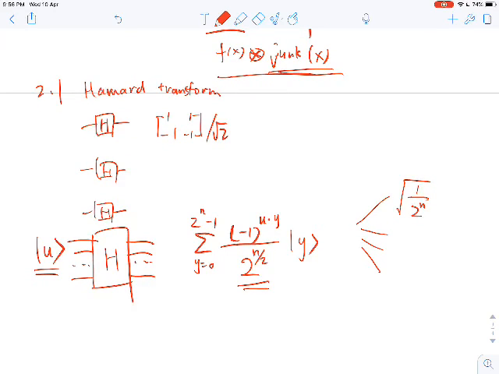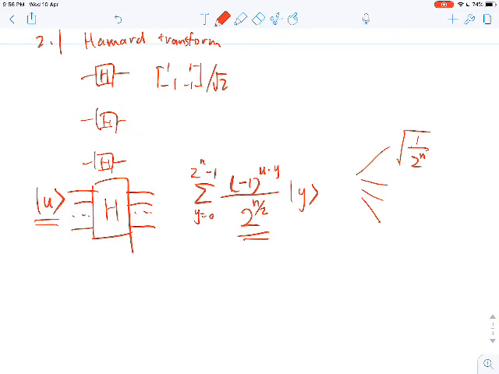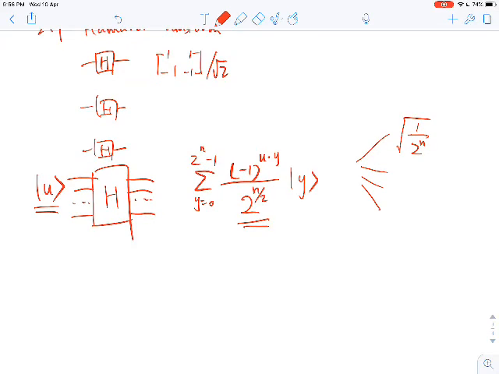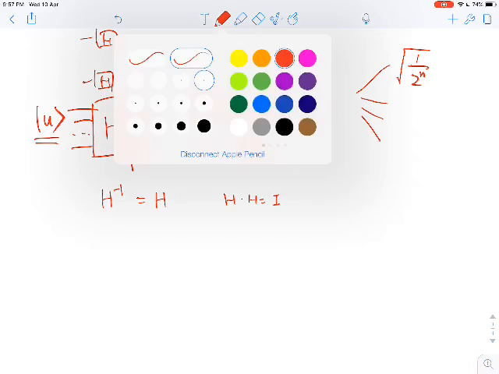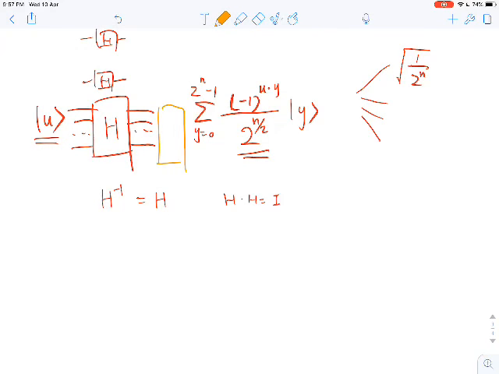And also, as I have said, every quantum gate is a unitary matrix, and the inverse of H is just H itself. It means H times H is I. Then if we add a Hadamard gate here, we will restore, we get u again.